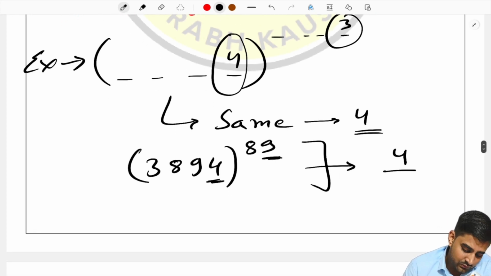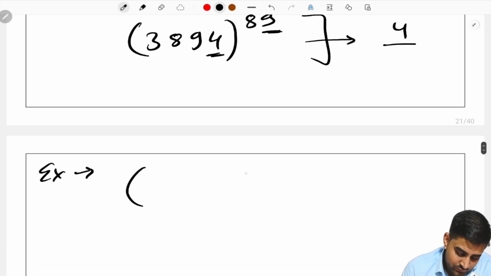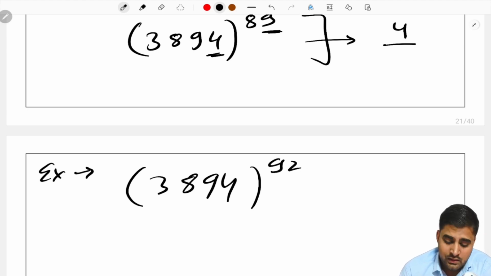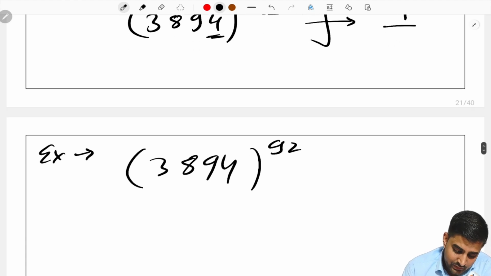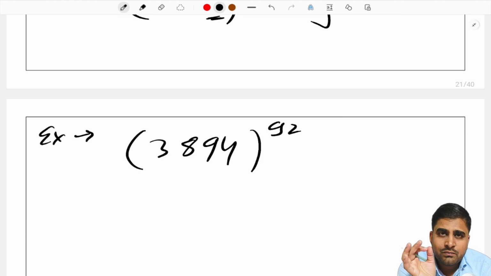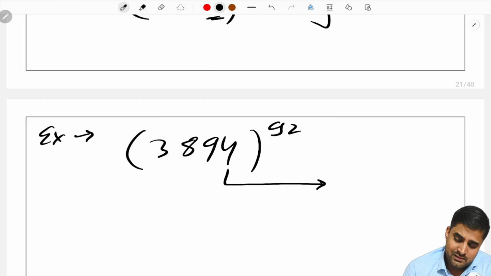Now in case of even power, 92 is even. In case of even power, things change a bit. Just write, if it is 4, just write 6 here.